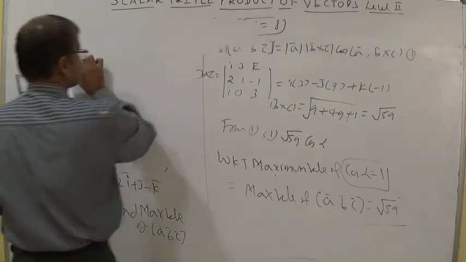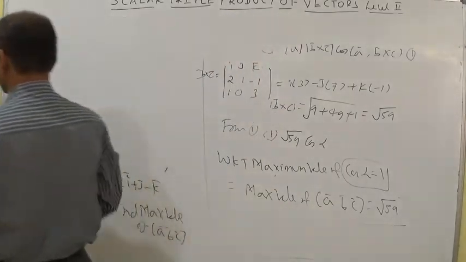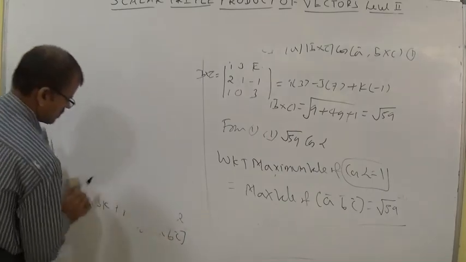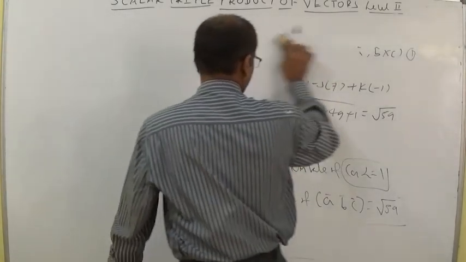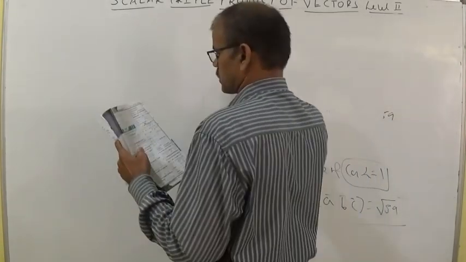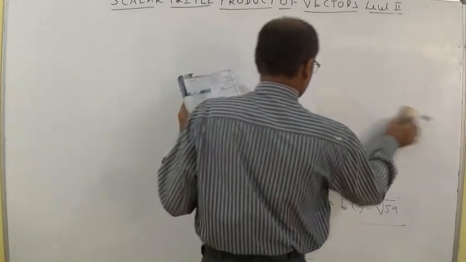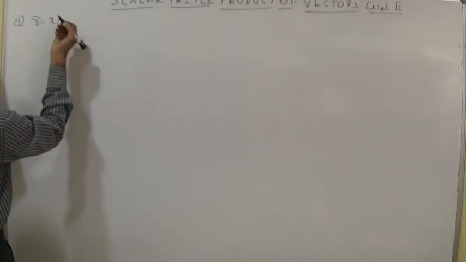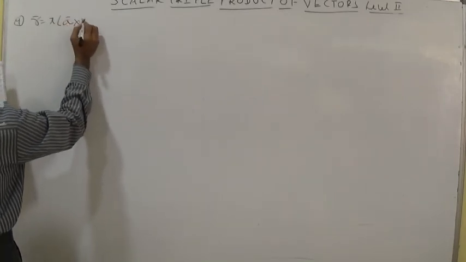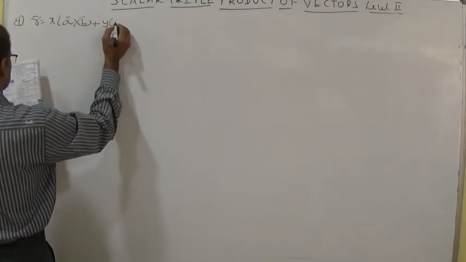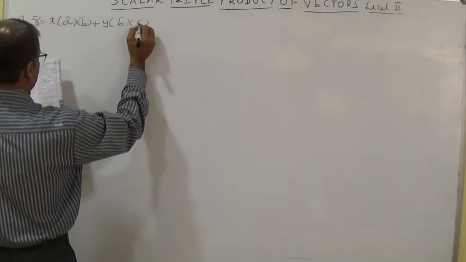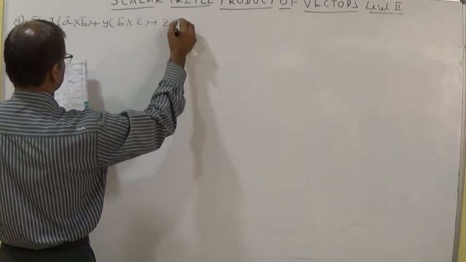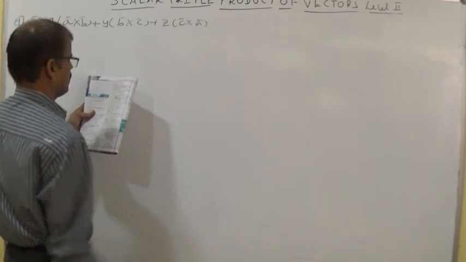9th one. X into A cross B plus Y into B cross C plus Z into C cross A is equal to R bar. That is the given vector. So the R bar vector is given as related with A cross B, B cross C and C cross A. R bar is equal to X into A bar cross B bar plus Y into B bar cross C bar plus Z into C bar cross A bar.